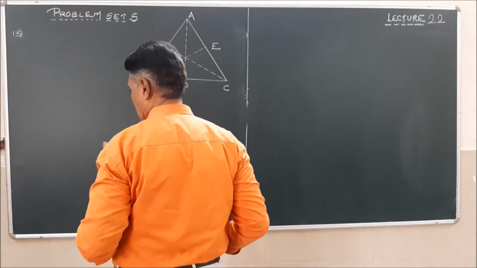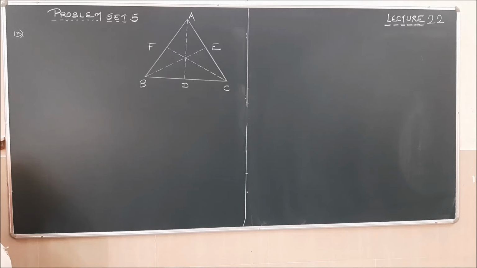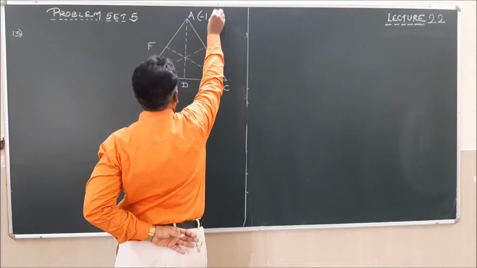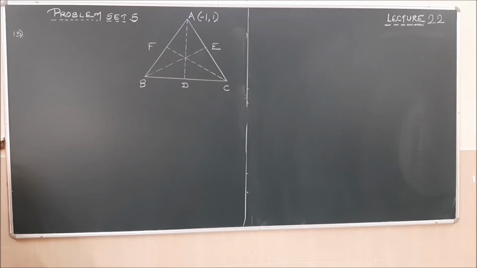Okay. Now coordinates are given. A is minus 1, 1. Coordinates for B are 5, minus 3.